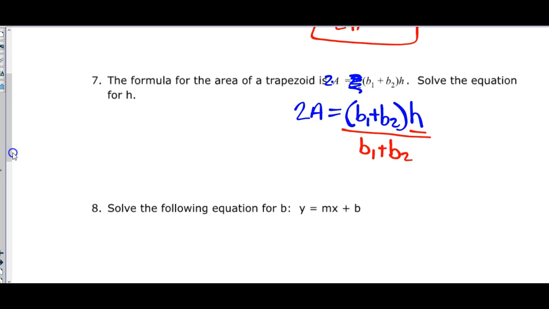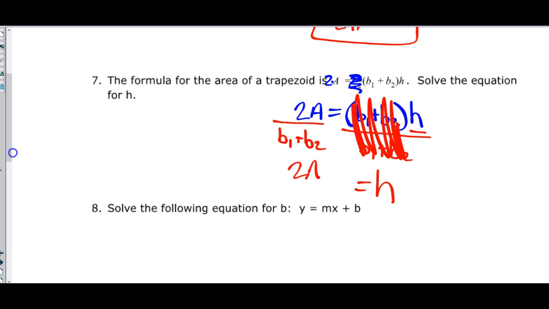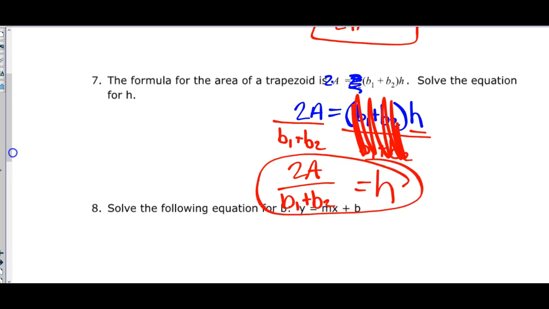If I do it to the right, I got to do it to the left. So these cancel out. I'm left with H equals 2A over B1 plus B2. And I solved for H.